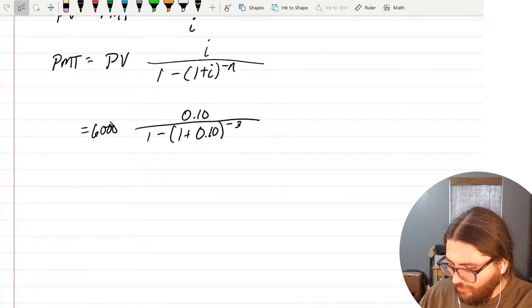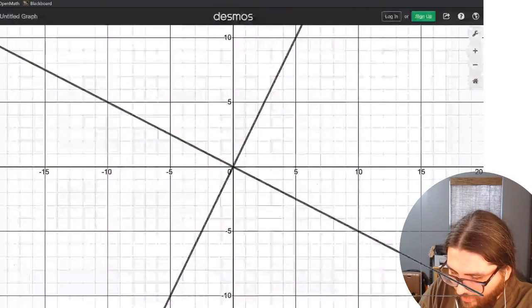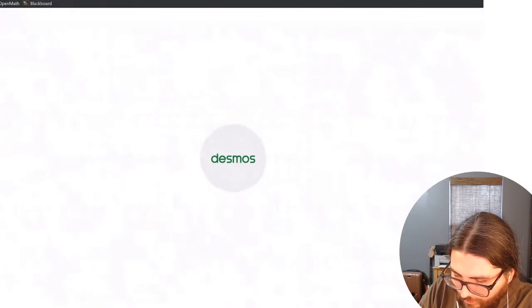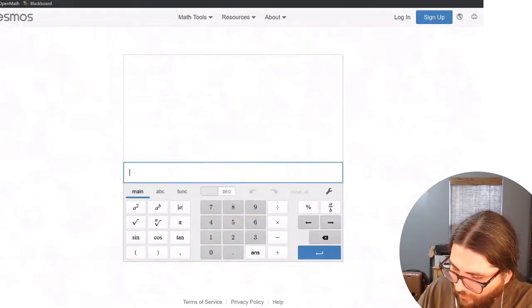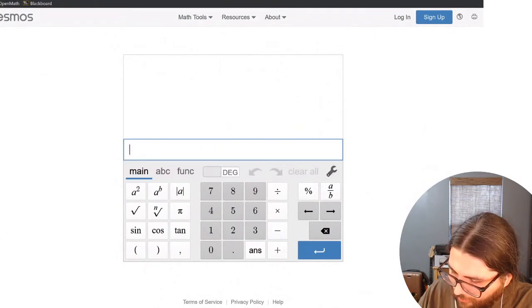We're doing this on the cheap. So let me type these numbers into my Desmos calculator really quickly. Projector mode, make it a little bit bigger.